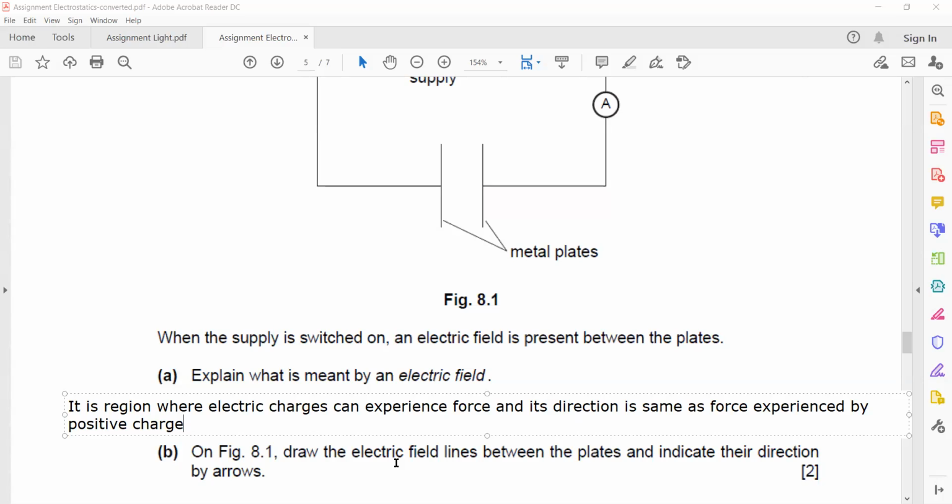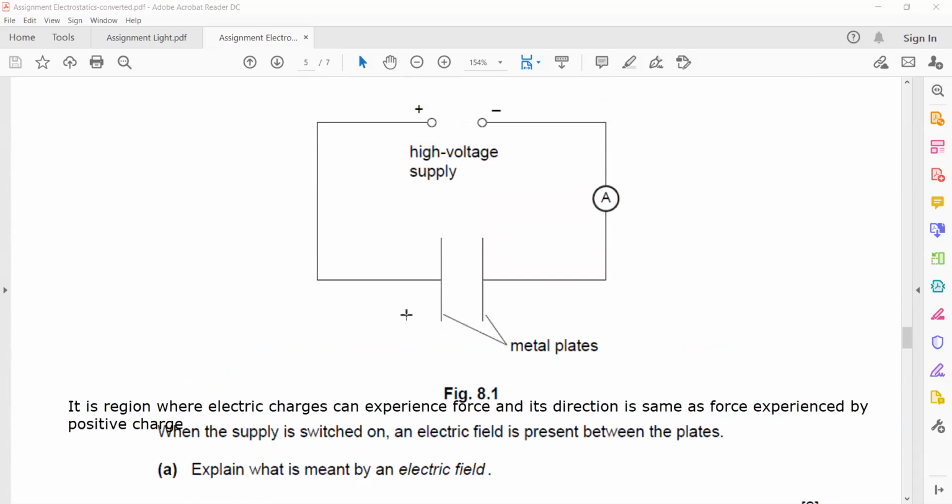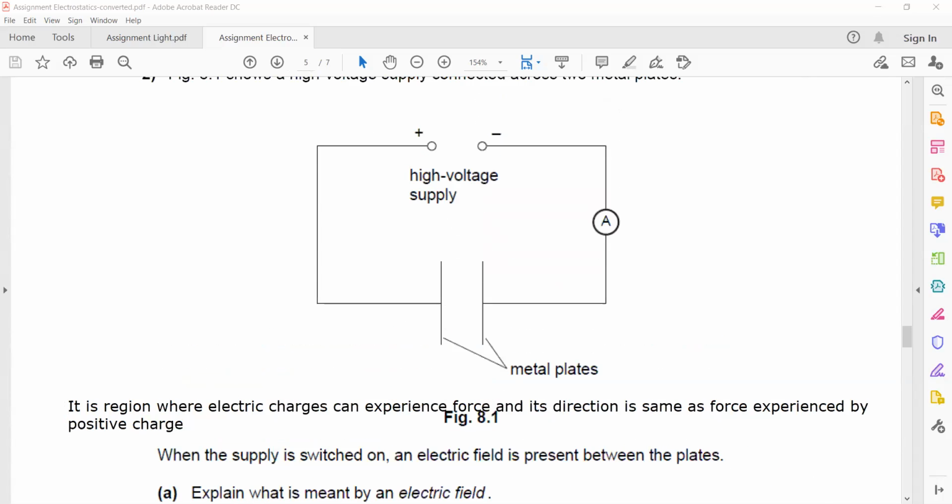The second one: draw on figure 8.1 the electric field lines between the plates and indicate the direction. How will you indicate? Because the left hand side is positive, and keep in mind, parallel lines should be there and equally spaced. If you draw like this, you will lose the marks.